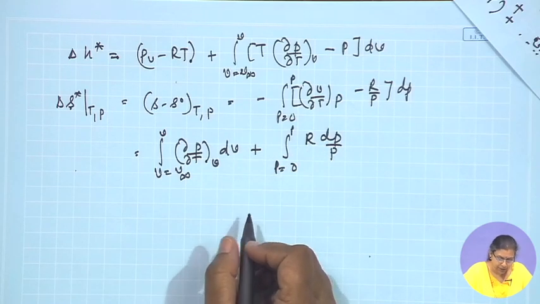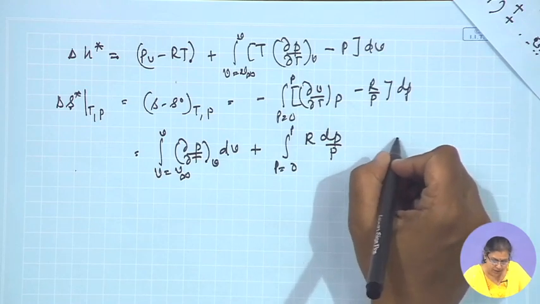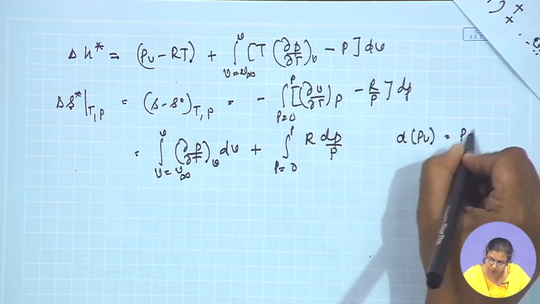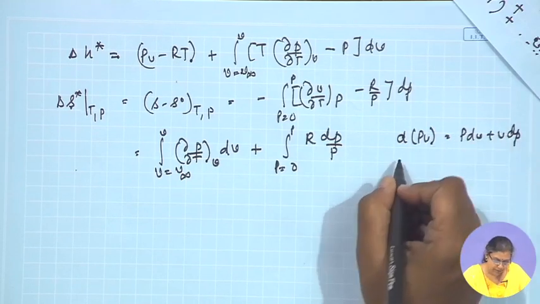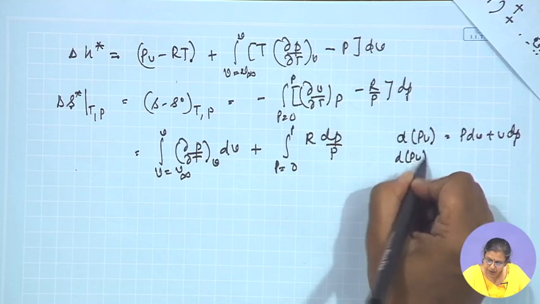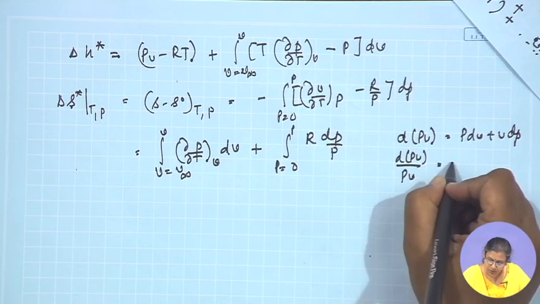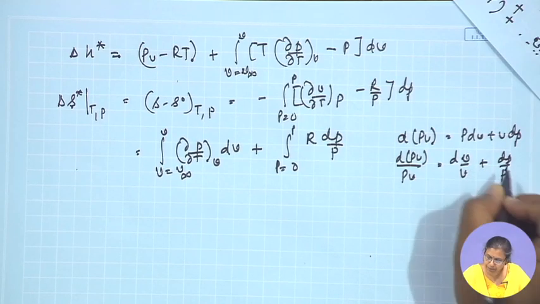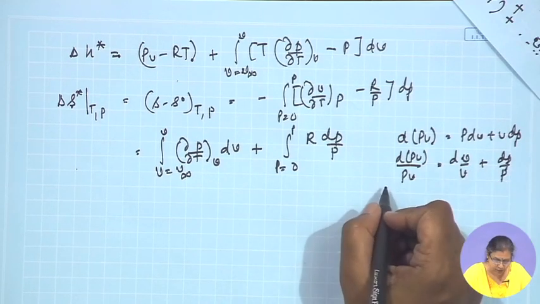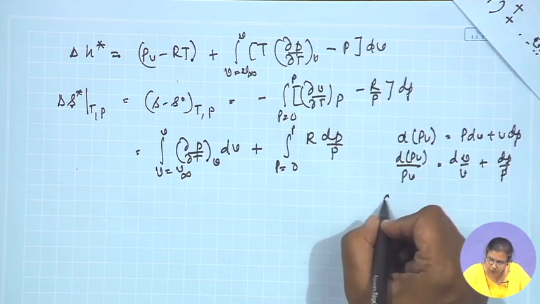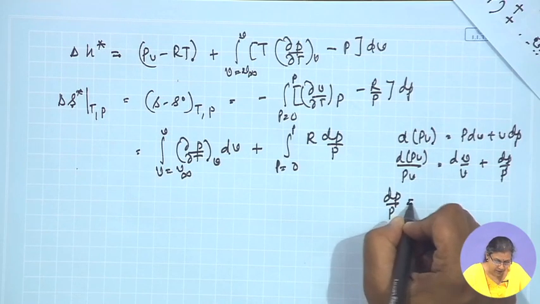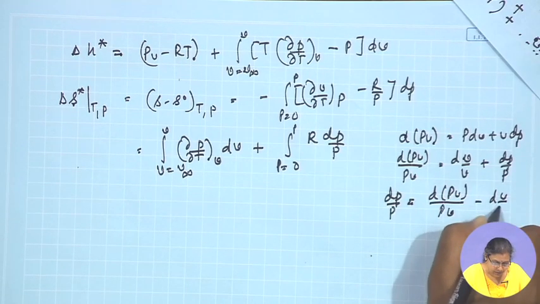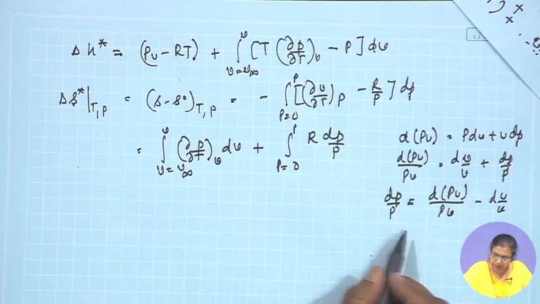What is R dP/P? Let us find out. We have already said d(PV) equals PdV plus VdP. Now d(PV)/PV is equal to dV/V plus dP/P, since we are dividing everything by PV. So from here, dP/P equals d(PV)/PV minus dV/V.